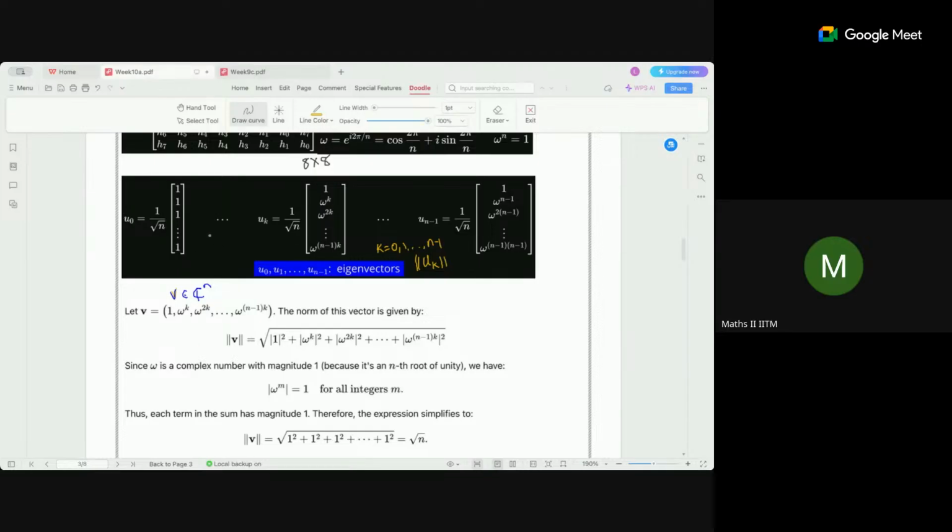See, I have considered the norm of this vector and I calculated it to be root n. Now, I am considering v by norm v. What is the norm of v by norm v?